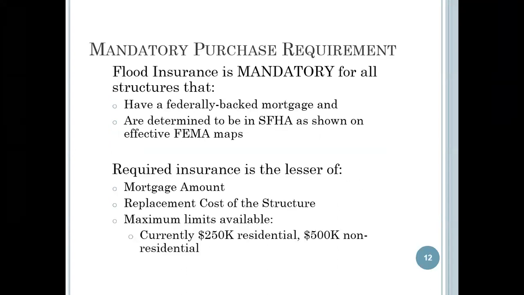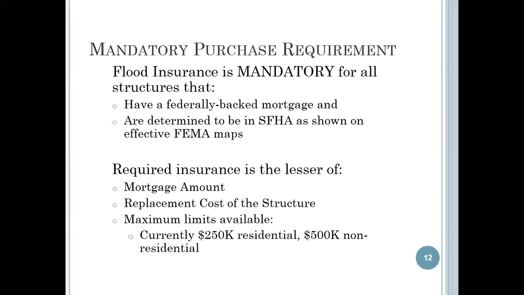Kevin mentioned, and it was mentioned yesterday also, mandatory purchase. Mandatory purchase and flood insurance rates are based on the effective map. If there is any type of federal mortgage assistance tied to that loan, whether it's a federal agency, SBA, FHA, or if the loan is made by a regulated lending institution, they must determine whether or not a structure is located in a special flood hazard area.